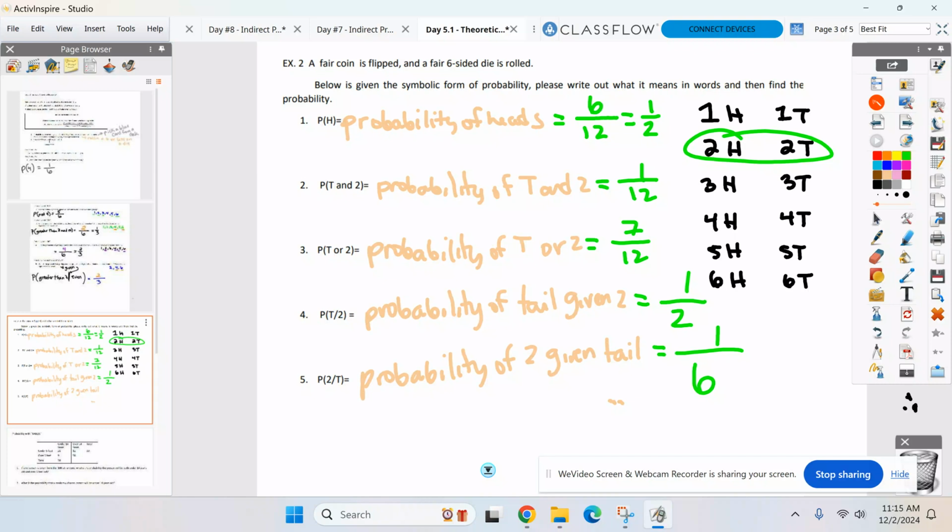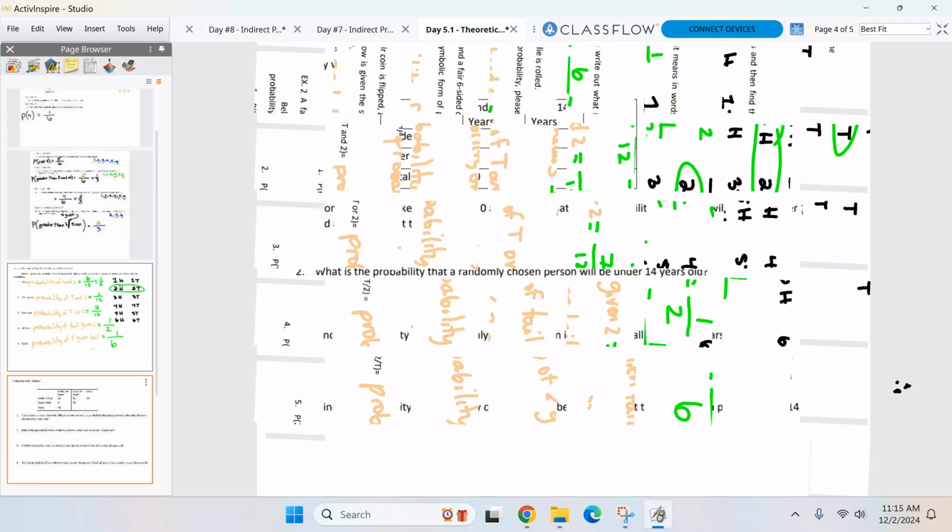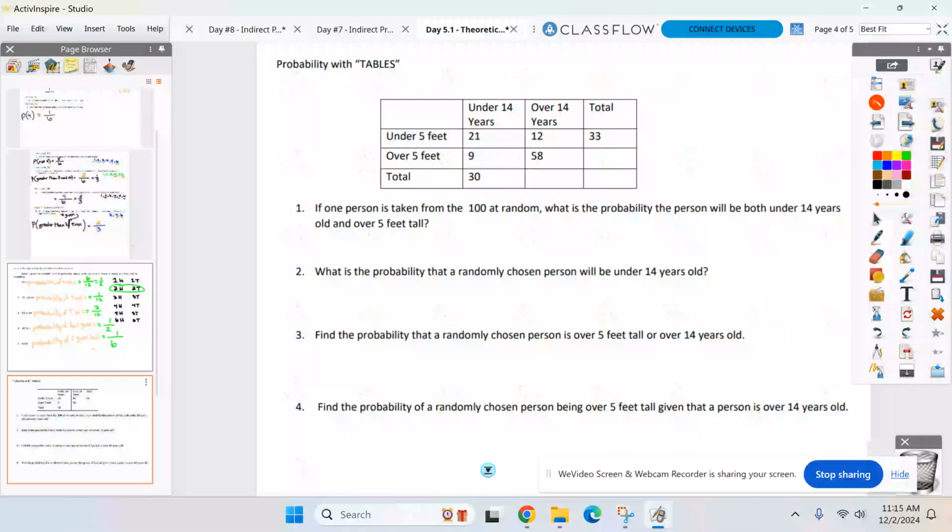Watch out for the given ones. I guarantee when you're doing a given problem, it won't be out of the total. Anything here? Because here come my favorites. Tables. Love tables. We're going to be doing a lot of tables this unit. Oh, it's not filled in though. Can you help me fill in my table? No problem. Yeah, thank you. I appreciate it. Go ahead, fill in my table, please.